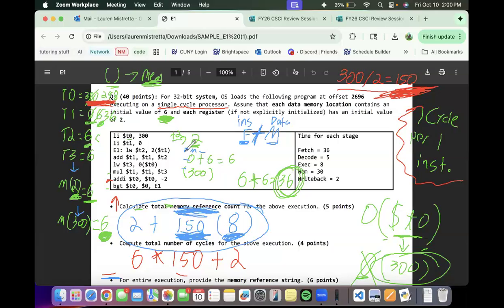So with this being said, I know that when I do this loop, I start out with E1, and this is load word to offset register T1. So this is always going to give me 2 offset 2 plus whatever this value here is.